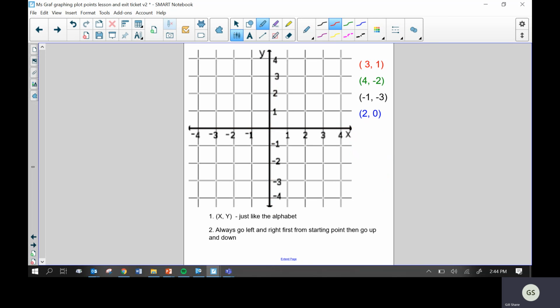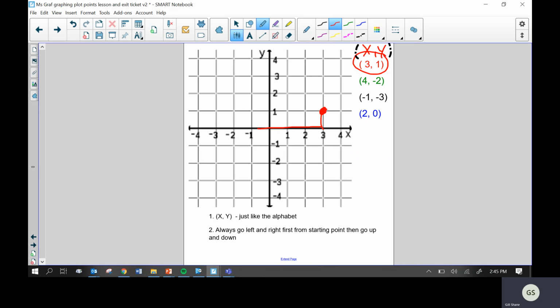So real quick, I'll plot a few points for you. You see this 3, 1 right here. So again, x is the first value, y is the second value. Oh, that was an accident, but that's fine. We'll leave it there. So if x is the first value, I need to go kind of all the way out here to 3, and then I'm going to go all the way, or not all the way up, but up to 1. And that's where I'm going to put my point, is right there.